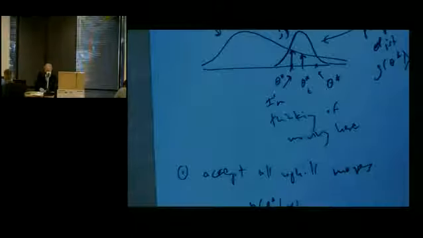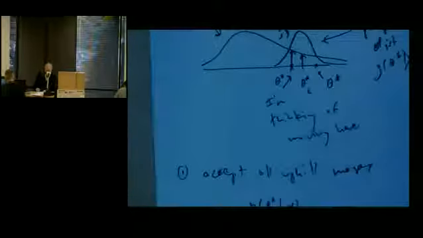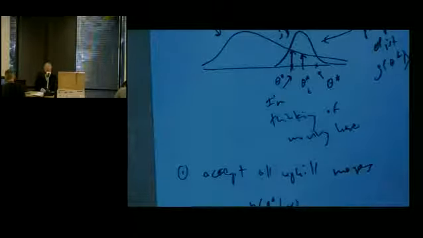So here's step 2. Accept any downhill moves with acceptance probability given by the same thing we had a minute ago.